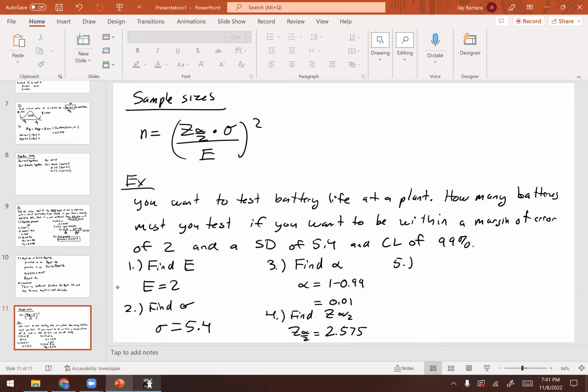And then step 5, plug in. 2.575 times 5.4 divided by 2. And then you're going to square that.